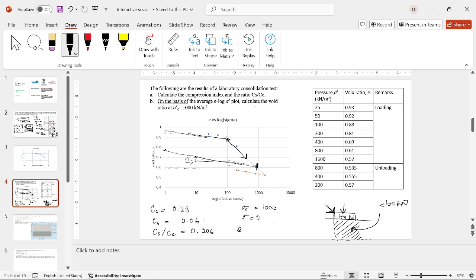This will be the void ratio when it is on the NC line at 1000, and then it will unload to the void ratio on the reloading line.